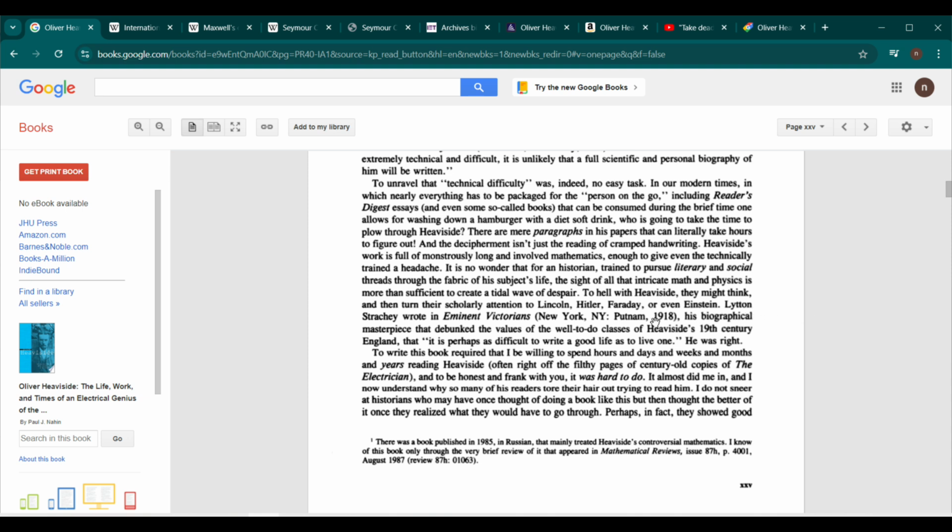Einstein. Lytton Strachey wrote in Eminent Victorians, his biographical masterpiece that debunked the values of the well-to-do classes of Heaviside's 19th century England, that it is perhaps as difficult to write a good life as to live one. He was right.